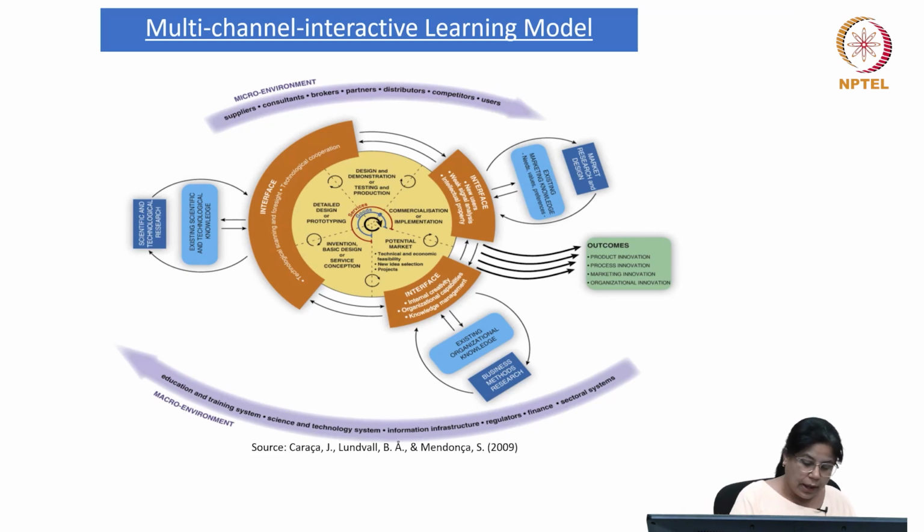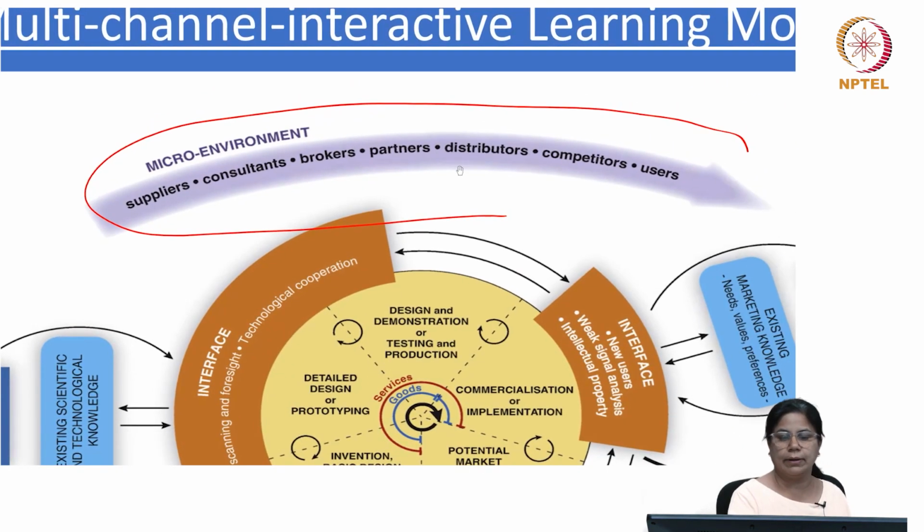It has a context, and there are various factors which are influencing, enabling, or maybe constraining the innovation process itself. And there is a near environment, you can say the actors or organizations which will affect the innovation process. So if you look at the top one, that refers to the microenvironment.